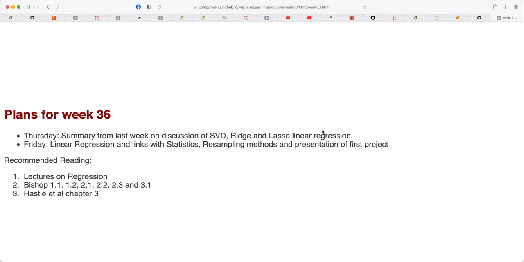And many of the things which we're going to see now are going to be a little bit of a repeat of last week, but then my hope is that you can see the wood for the trees when you get these different interpretations, in particular when we use what's called the singular value decomposition.